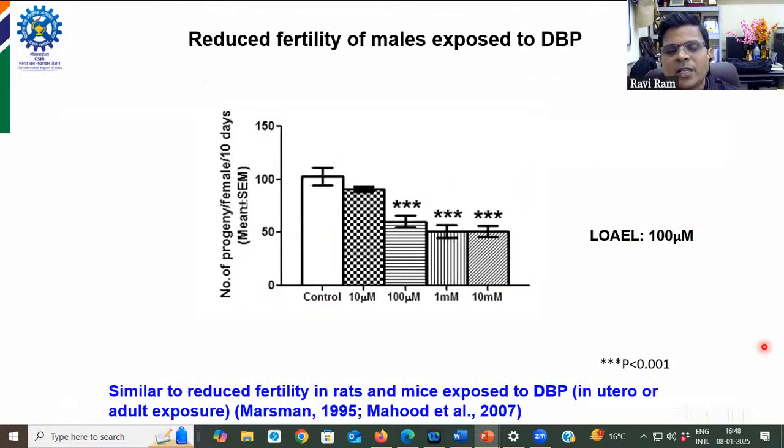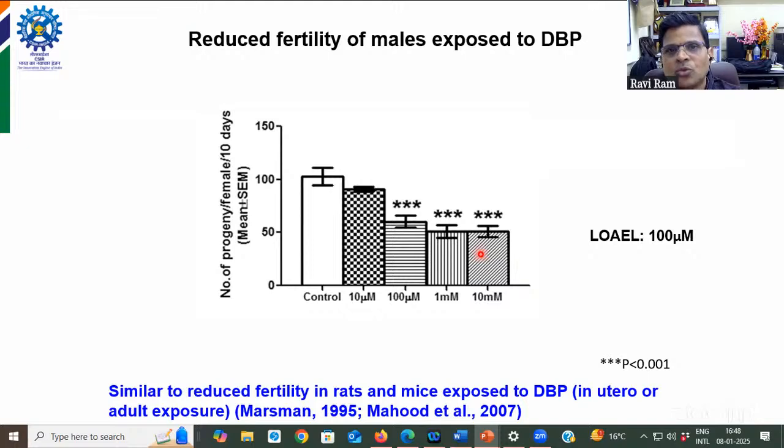So when we looked at the fertility, what we saw was, this is the control. See, in all these experiments, it's very essential that you have a control which is not exposed to the chemical, which means the males which are derived from normal food, not the chemical mixed food. That you use as control and you take different concentrations. Toxicology doesn't run with one particular concentration.